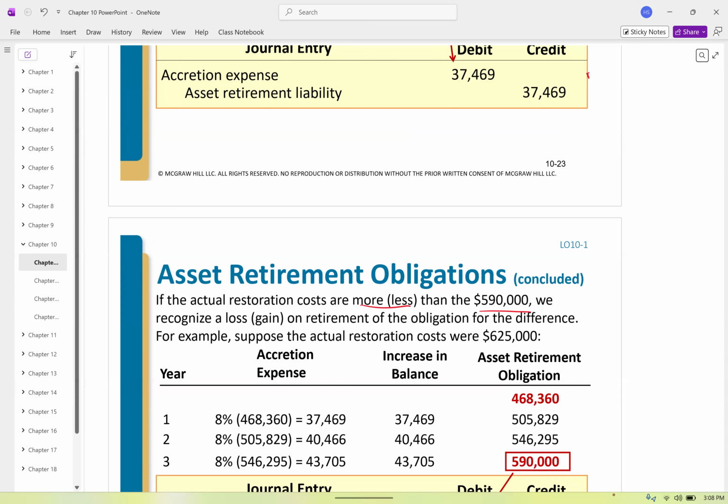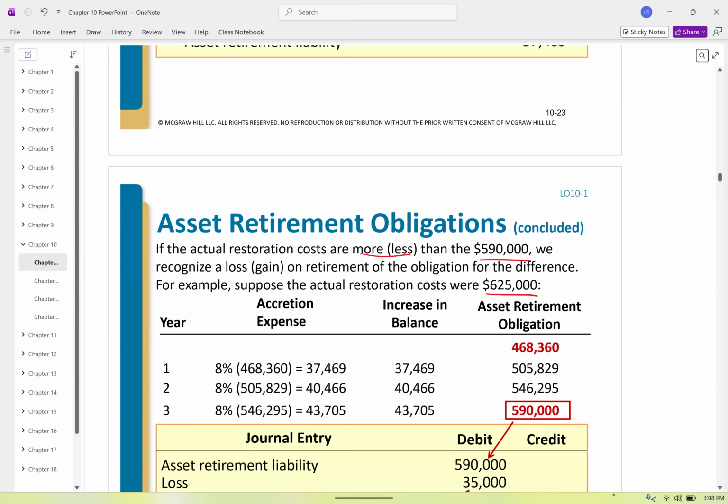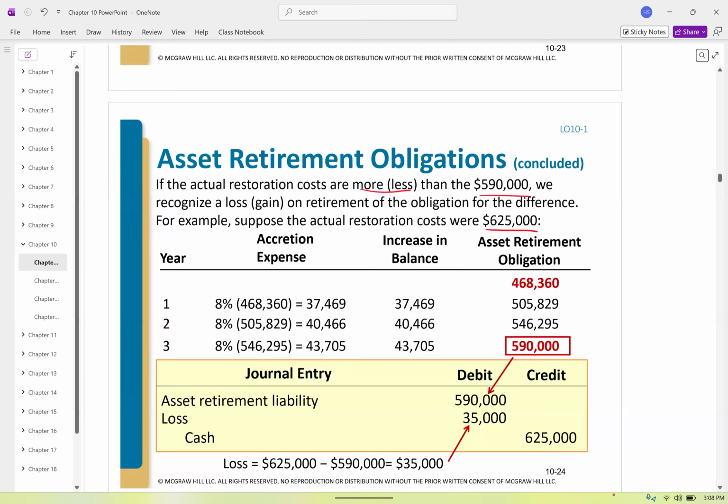So for this example, we're going to suppose the actual restoration cost was 625,000. We don't go back and change that estimate. We made the best estimate at the time, 3 years ago. We're going to pay the 625,000, no big deal. But we're going to debit that liability for the 590 because that's what it's being carried at.